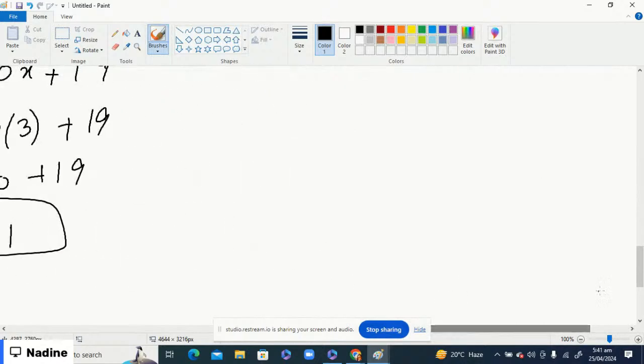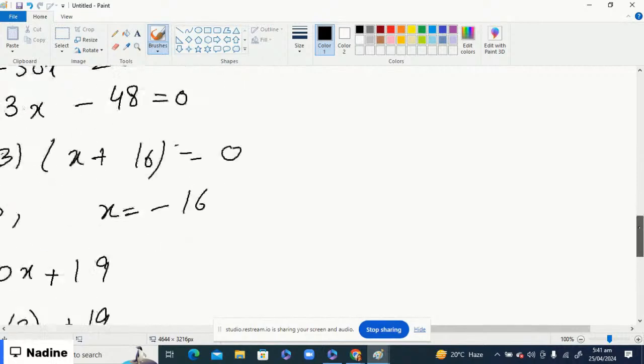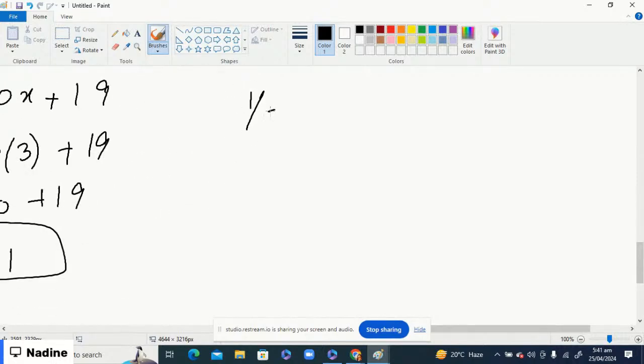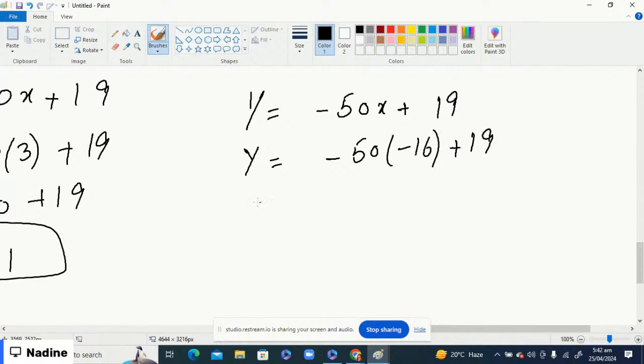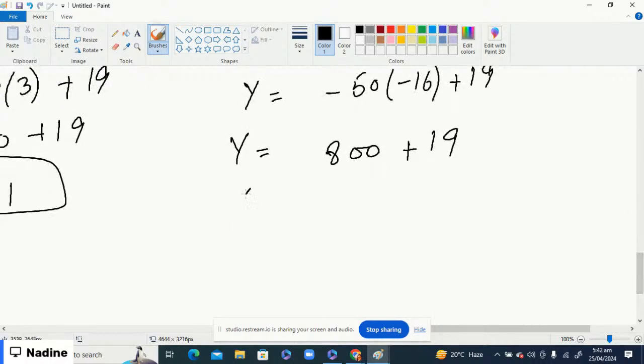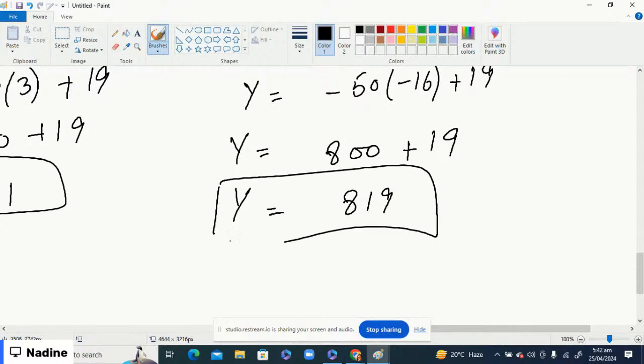Now let's put the other, which is minus 16. Multiply minus 50 with minus 16, this becomes 800, and plus 19, so y is equal to 819. This is the second value of y.